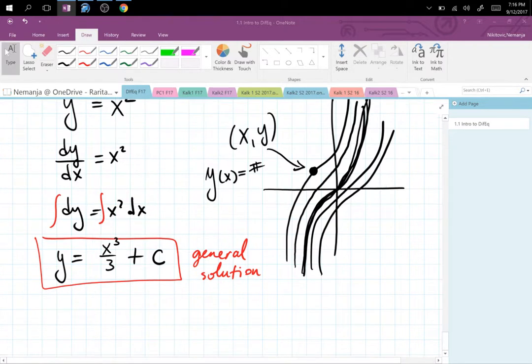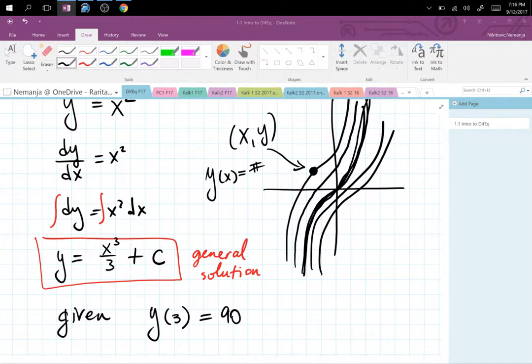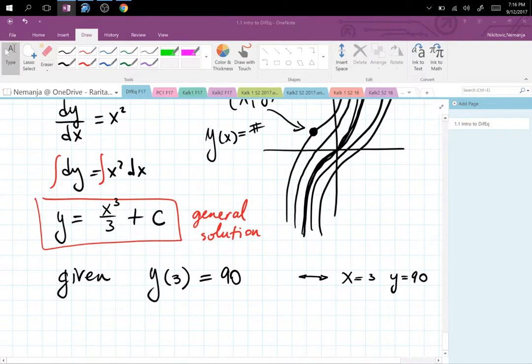So say that I was given that y of 3 is 90. Let's say this was given to me. I would be able to compute the value for c, because what this is giving me is that x is equal to 3, y is equal to 90, plug them in and find c. You see that? This thingy over here is called the initial condition. Should put that in blood.